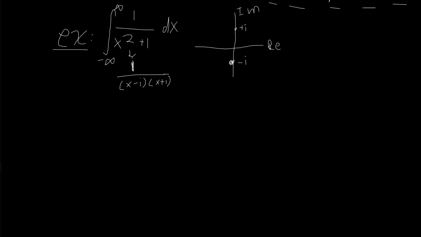What we can do with this information is draw a contour around the pole that we want to solve for. Over here, we want to find the real axis, right? That's what we're solving for.